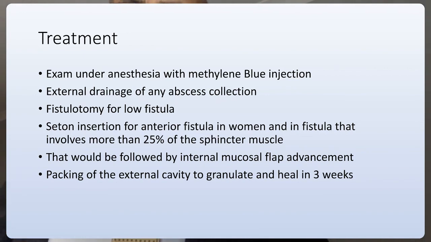But it's also important to know that in women, the sphincter muscle is a lot weaker and smaller than in men, particularly on the anterior wall of the anal canal. So if there is any fistula in the anterior half of the anal canal in a woman, we should almost always try to treat it with simple measures or insertion of a seton, to be followed later by an internal advancement flap, so we don't sacrifice any sphincter muscle.